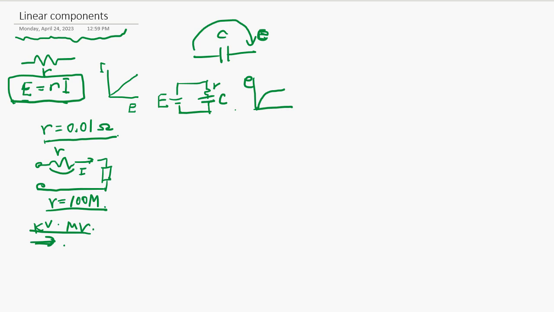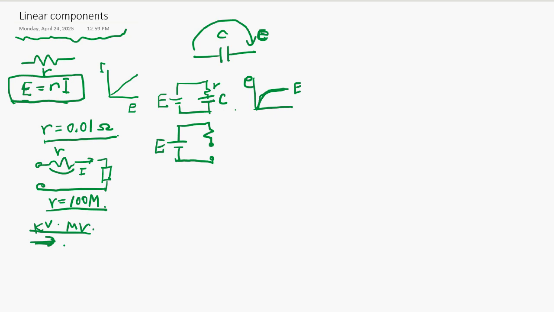After you connect it, current starts flowing into the capacitor, eventually saturates, and it doesn't go anymore. And this is going to be E. So it is almost the same as disconnected here. Okay, so with DC voltage the capacitor is not linear.